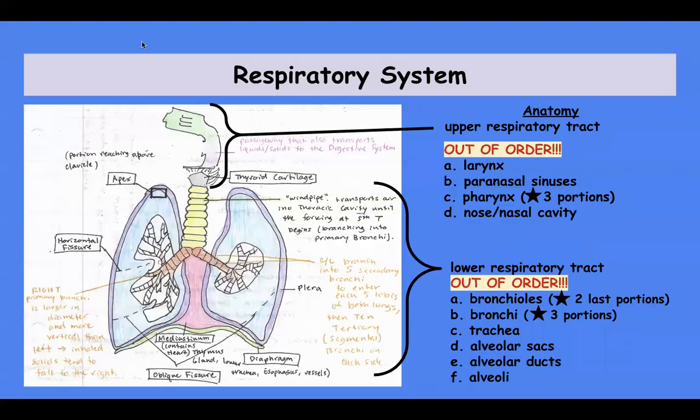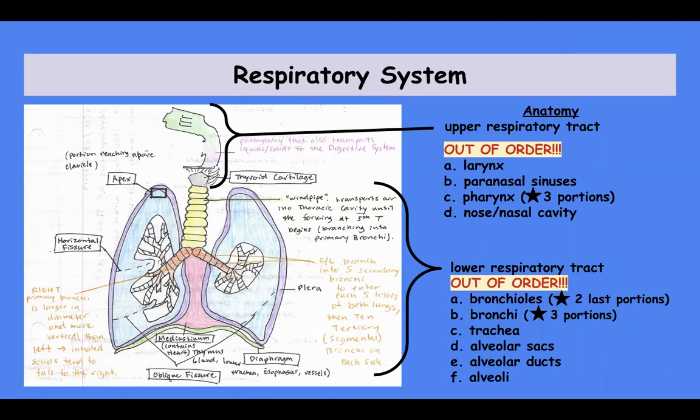So let's get started. Let's start talking about the respiratory system. The respiratory system is a concept that you guys have covered in lecture. What's important to note about the respiratory system is that, when we're studying the anatomy of it, it is divided into 2 sections.